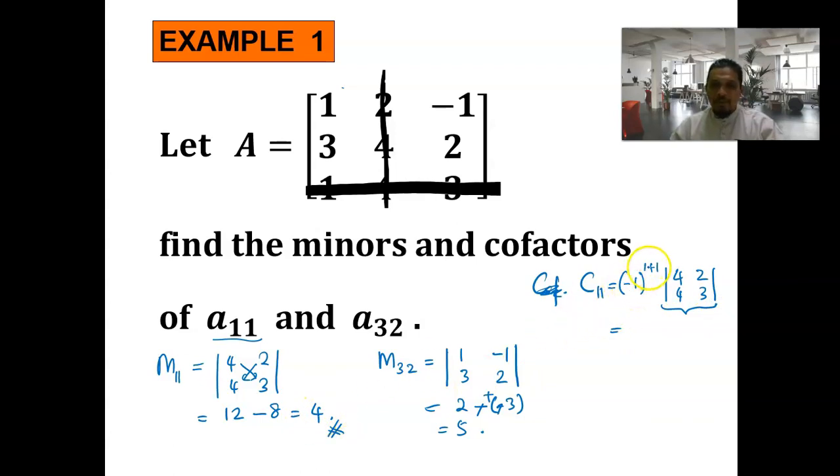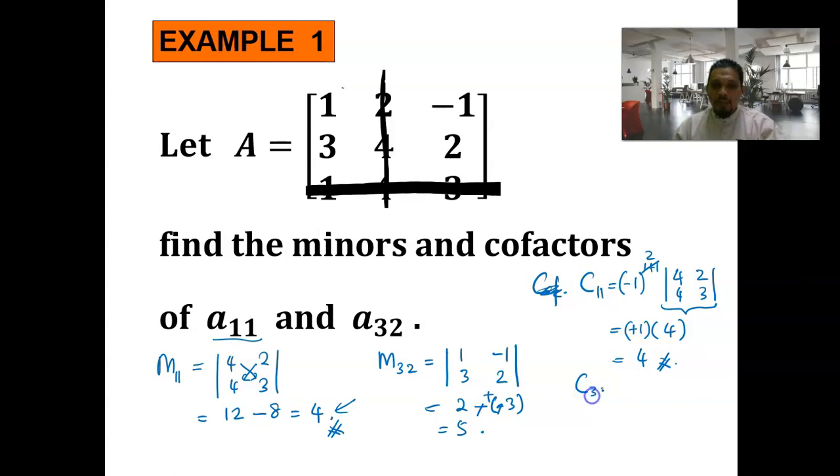So negative 1 to the power of 1 plus 1: 1 plus 1 equals 2, and negative 1 squared equals positive 1. And the result of this minor, which is 4, multiplied by 1 is equal to 4.